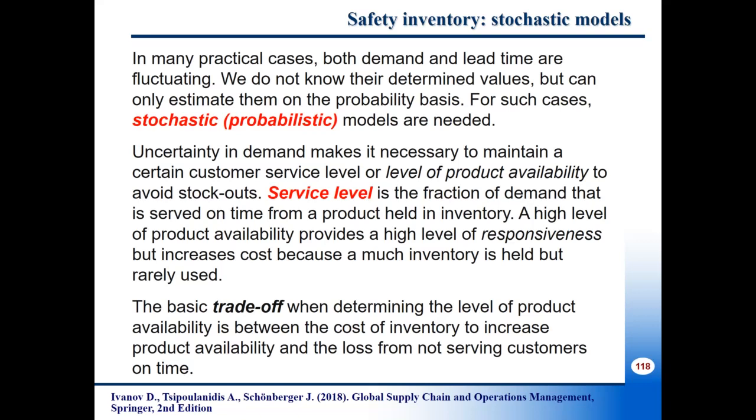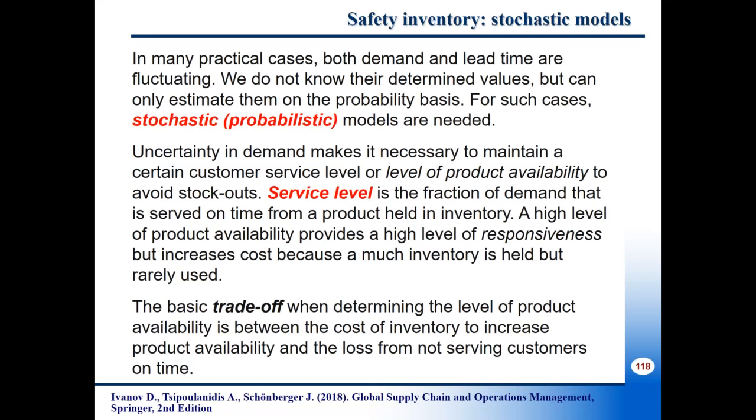In many practical cases, both demand and lead time are fluctuating. We do not know their determined values, but can only estimate them on a probability basis. For such cases, stochastic or probabilistic models are needed.